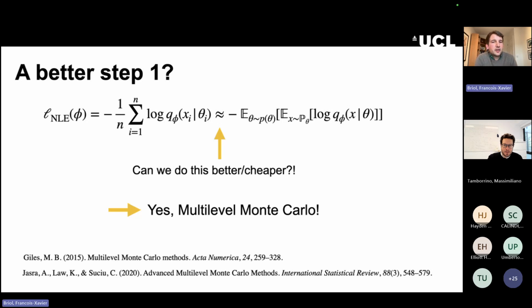So certainly multi-level Monte Carlo is very popular in the Monte Carlo literature. It has been for over 10 years. It's been around for much longer, but it hasn't yet been used, until now, for these neural SBI methods. And so what we thought was, okay, let's try to make this work in this setting.